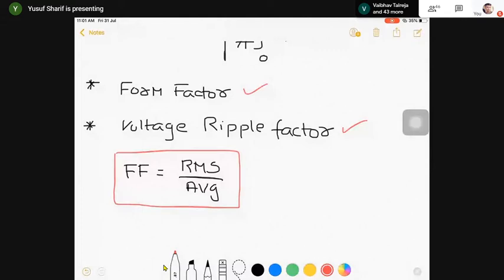So कोई बताइए कि what is the significance of this form factor? ये आपको क्या information देता है? Though it is a ratio of RMS to average, what is the information that you'll be getting out of this form factor? Anyone? See, I can simply write down this result RMS by average.